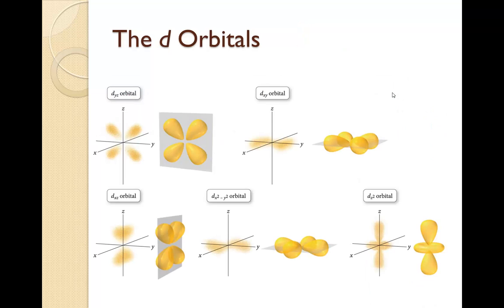There are 5 of these. So d is the L, and then M sub L would be all these individual orbitals. And that gives you an introduction to quantum numbers, including the energy level, the shape, or the quantum number L, and the quantum number M sub L for the specific orbital.